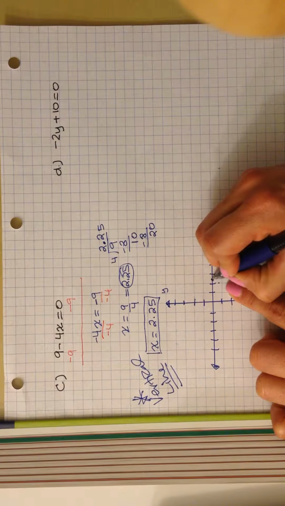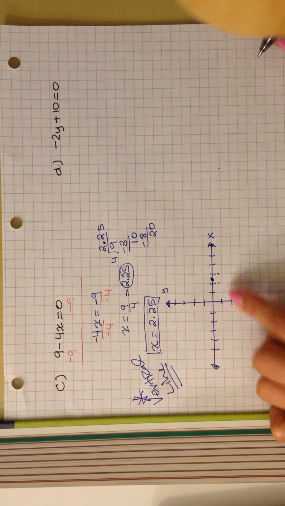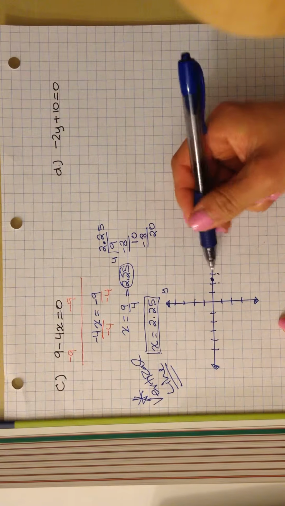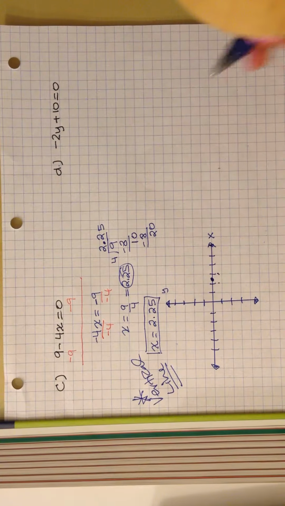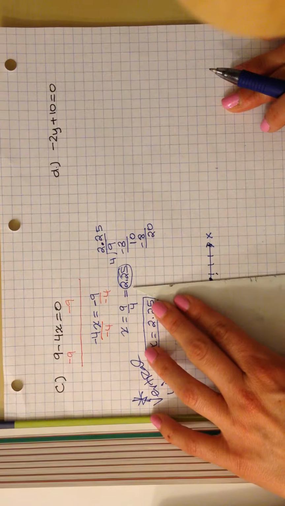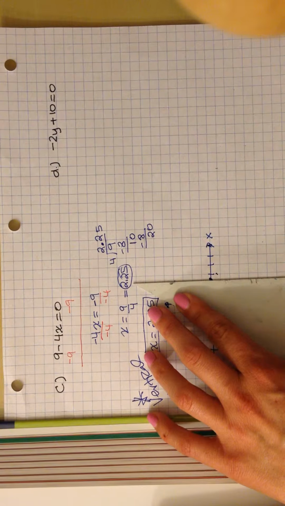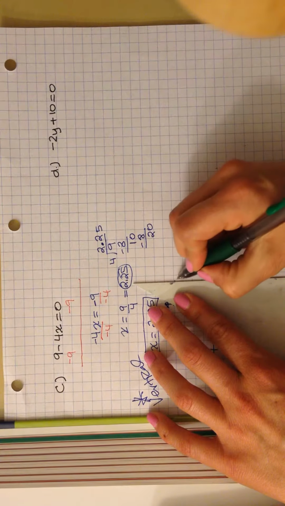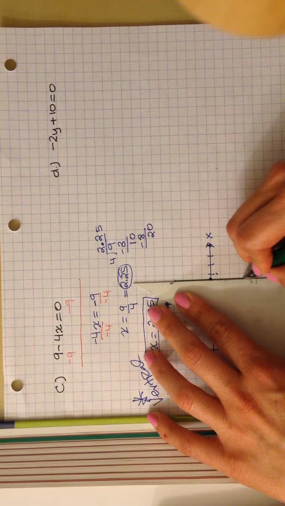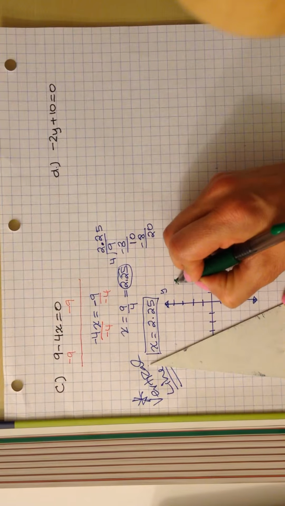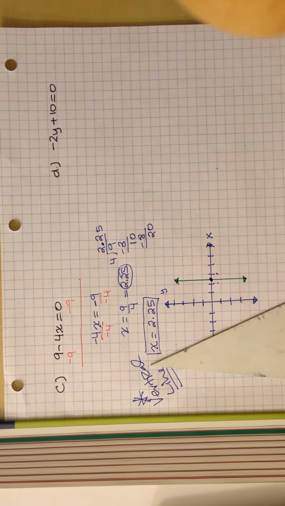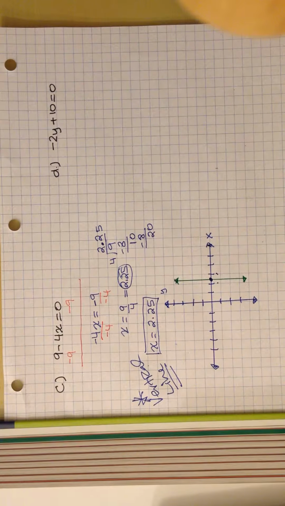So I just estimate the location. Don't have to be perfect, but that's basically the point that I have. And so we draw a vertical line through that point, and that'll represent my graph. So here's my vertical line. Put arrows at the end of it, and then we are essentially done.